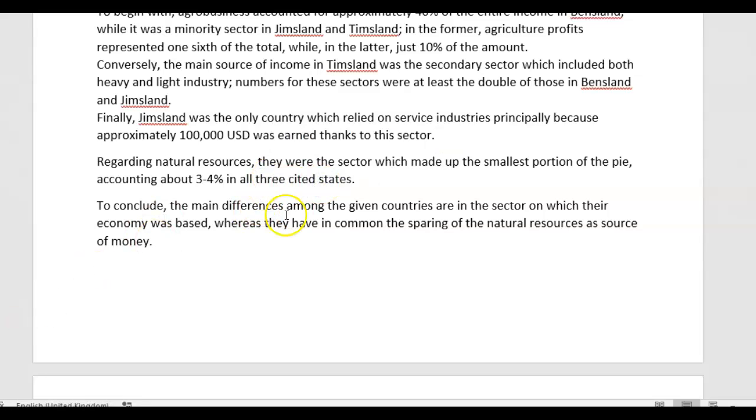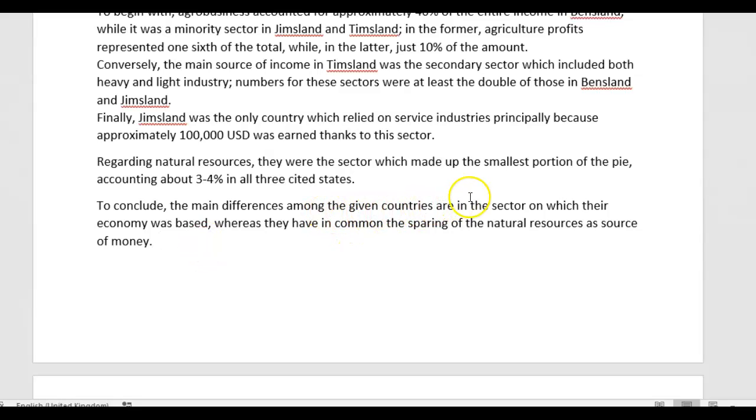To conclude, the main differences among the given countries are in the sector on which the economy was based, whereas they have in common the sparing of the natural resources as a source of money. Very interesting and very relevant conclusion, but we need to fix the language a bit.